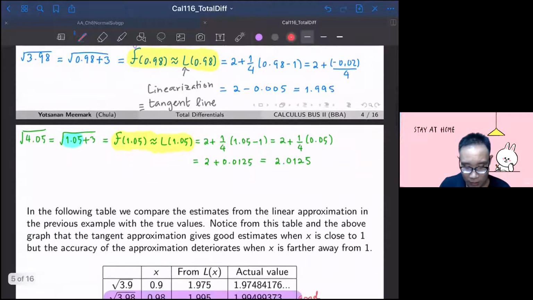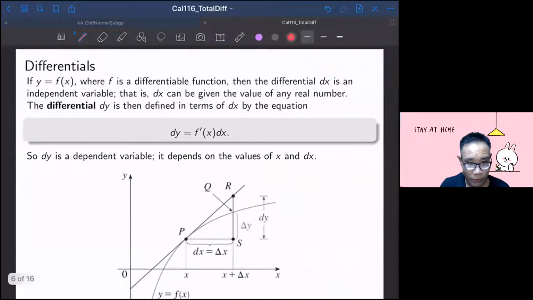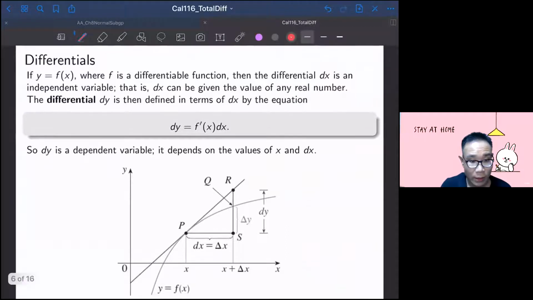And that leads us to the definition of the differential. The concept of the differential turned out to be important because you see that you have the graph of the function y equals f(x) down here, and you have the tangent line.